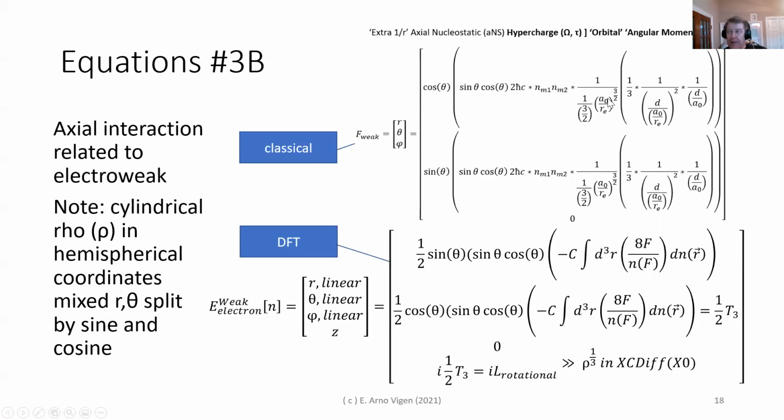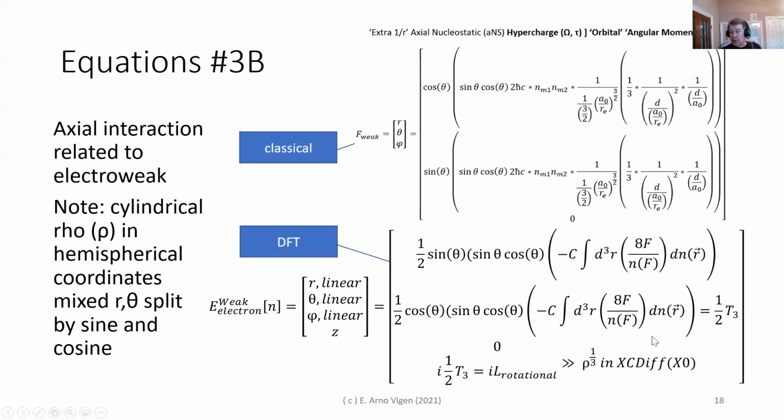obviously that existing hypercharge equation that I did, or angular momentum extra 1 over r, but I have to split it between radial and theta because of its directions, okay? And then further in the z direction, I will be transferring energy to this rotational, so this extra 1 over r makes sense.